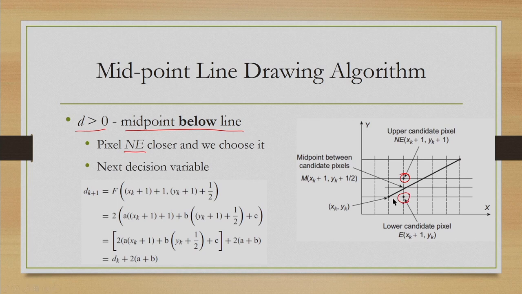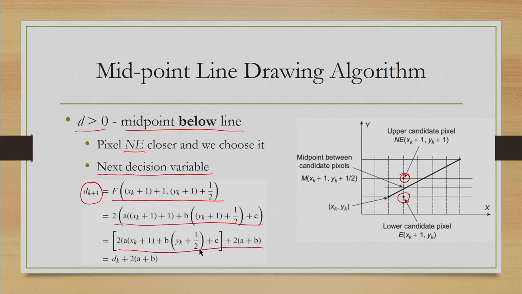Now, when NE is closer, that means d is greater than 0, the next decision variable will be dk plus 1, which is for the next midpoint, and if we expand and rearrange, then we get it in terms of the previous decision variable dk. So dk plus 1 can be represented in terms of dk and a constant, twice a plus b.